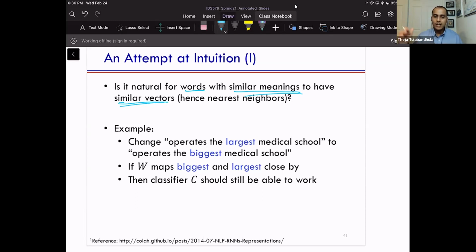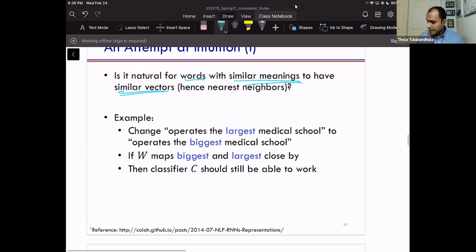Contrast it with the one-hot encoding or bag of words representation that we were doing. There's no meaning of the word there; the distance between words is always like square root 2 if you think of one-hot encoded vectors. So in this example, about the largest medical school and the biggest medical school, largest and biggest hopefully have similar vectors, because they have similar meanings.